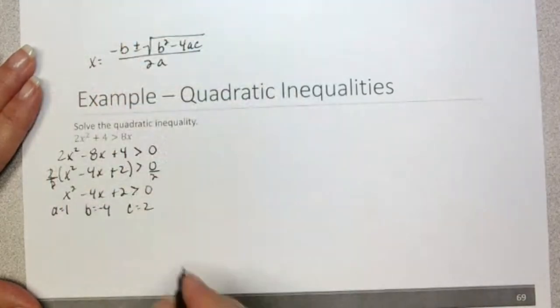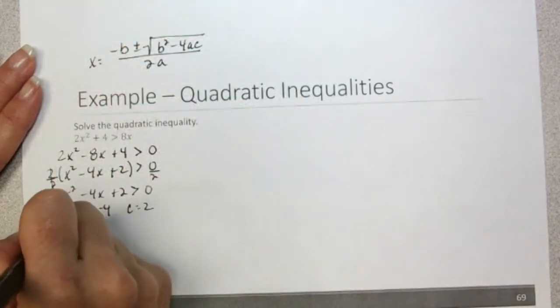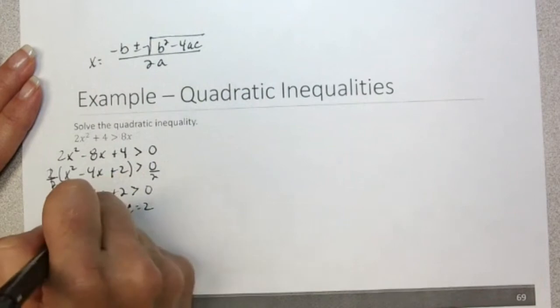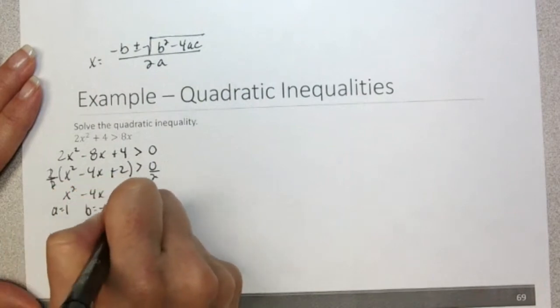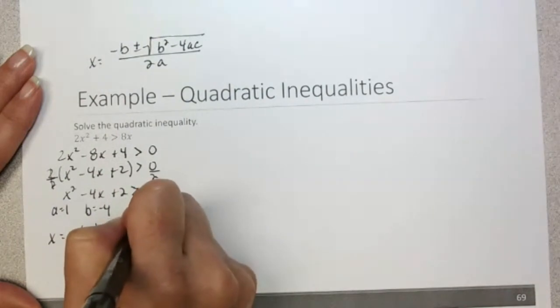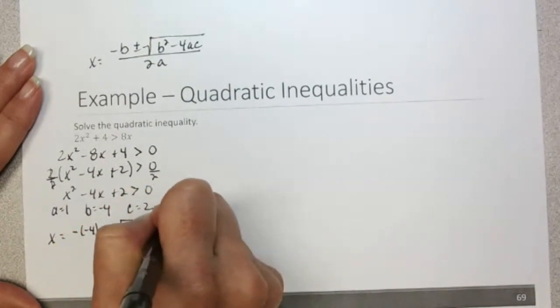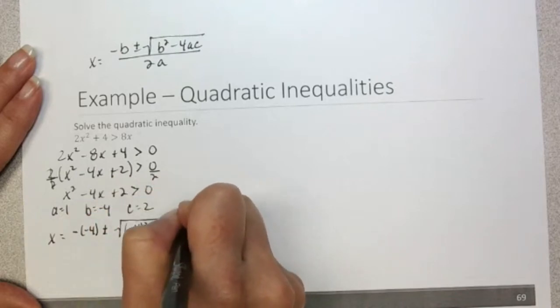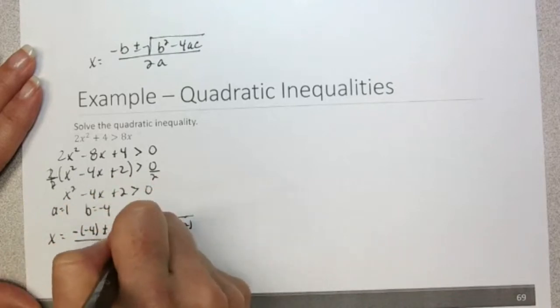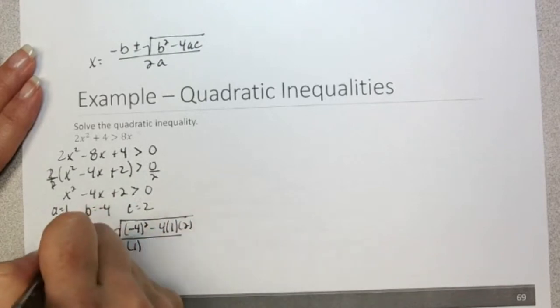Okay, let's plug those in and solve for x. So negative b, that'll be the negative of negative 4, plus or minus the square root of negative 4 squared minus 4 times a, that's just 1, times c, that's 2, all over 2a. That's just 2 times 1.